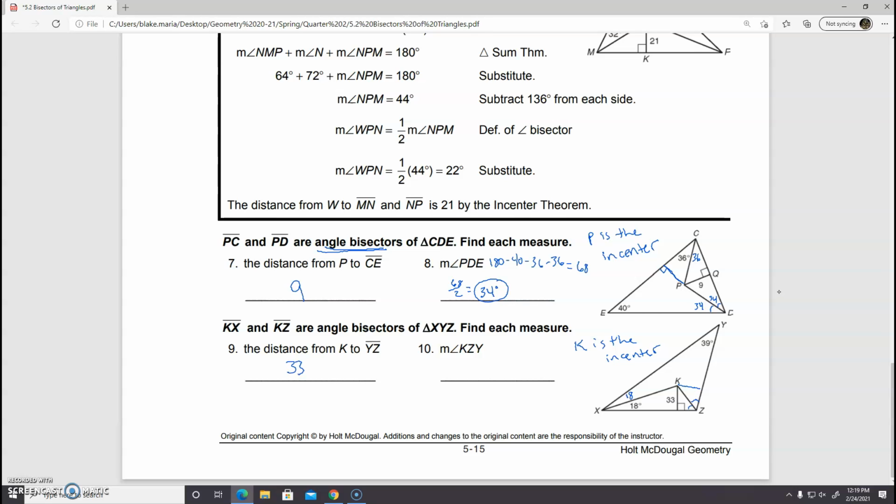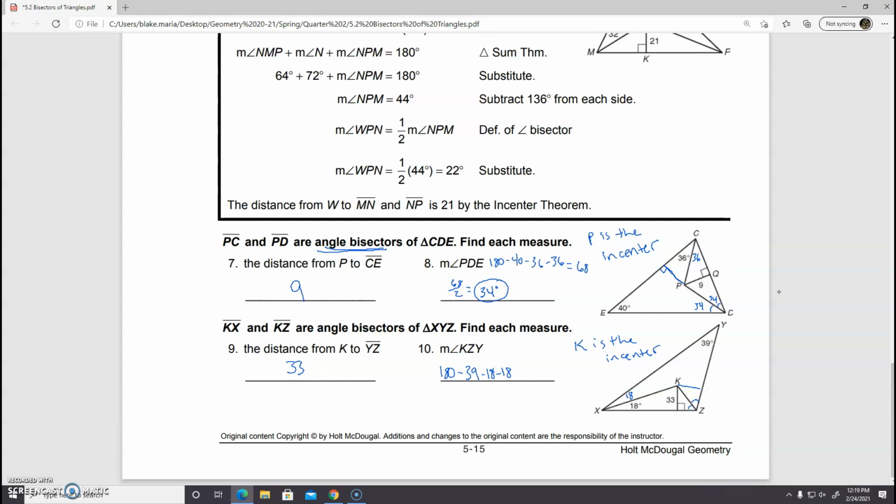And then the last one says find the measure of angle KZY. So we're going to do the same thing. We have 180 degrees in a triangle, minus the 39 we already had, and the two 18s we already had.